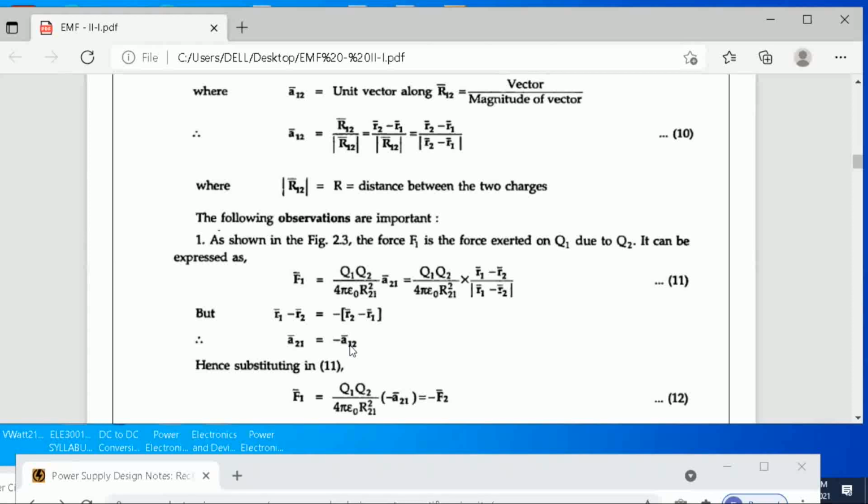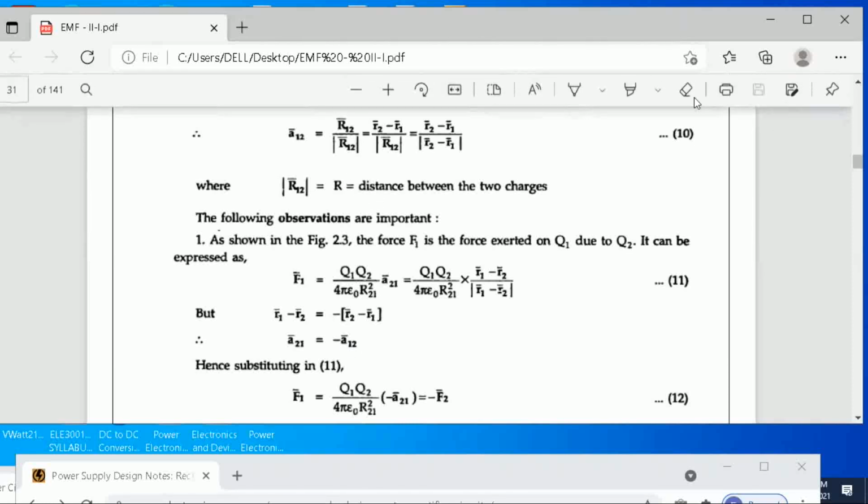In other words, for 2-point charges, F1 and F2, vector F1, are the force F1 on F2. Am I getting it right?